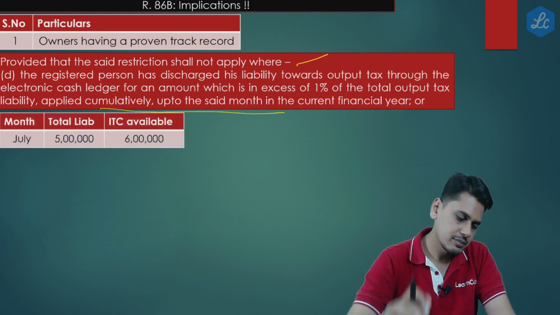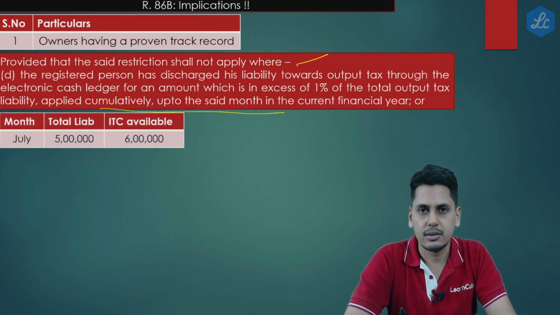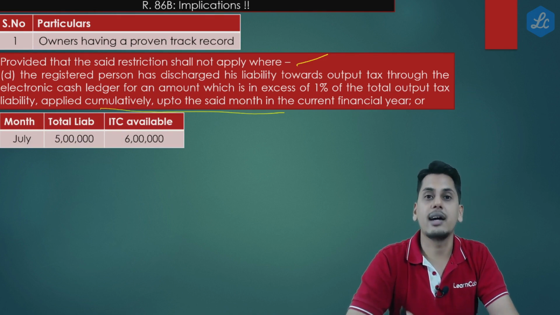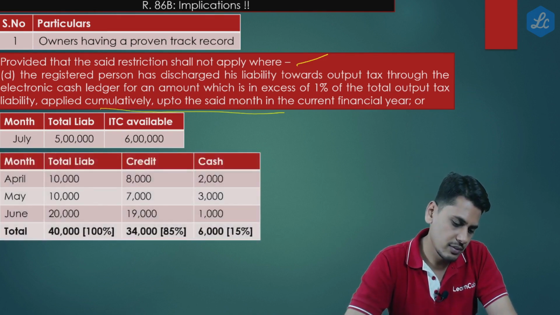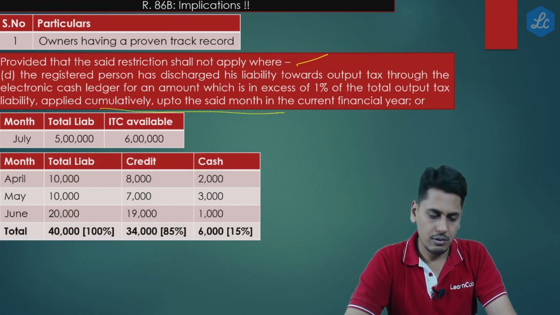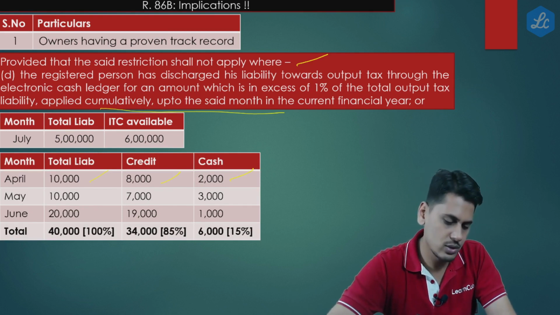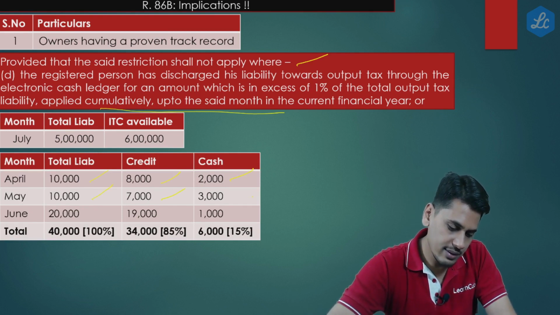Let's say for the month of July, the total liability is 5 lakhs, input tax credit available is 6 lakhs. The history is given. For the month of April, total liability was 10,000, credit was 8,000, paid from cash 2,000. May: 10,000, 7,000, 3,000. June: 20,000, credit 19,000, cash 1,000.